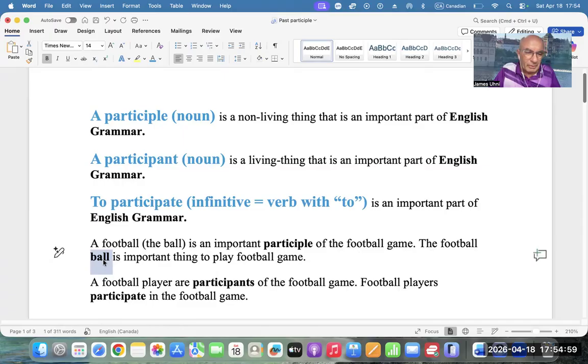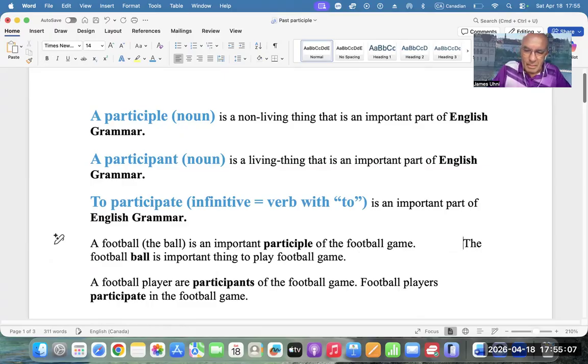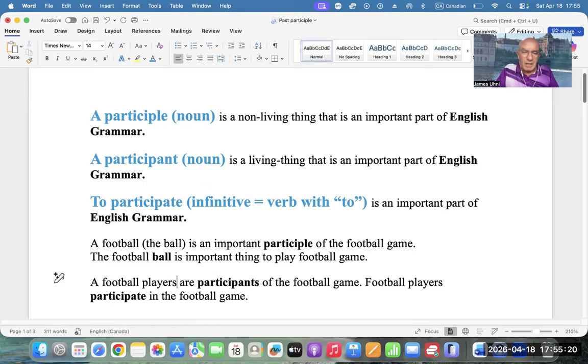I'm talking about the ball. All right. So I can write, okay, put it right underneath. Here I have a football player. I'm missing the S over here. Football players are participants of the football game.